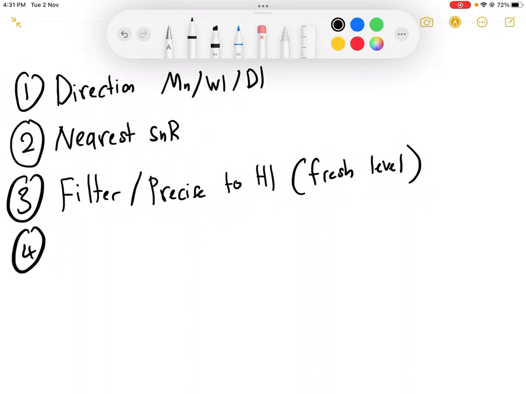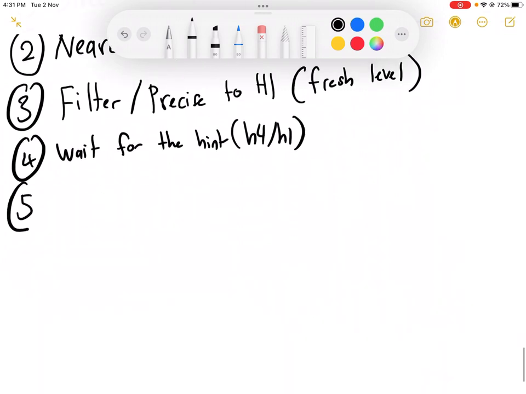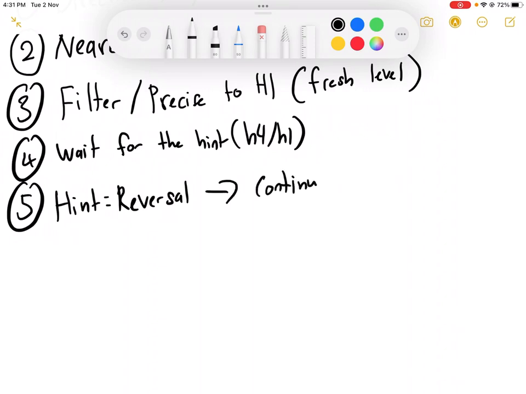Wait for the hint, which is on H4 or H1. The hint is reversal. So after reversal there will be continuation.